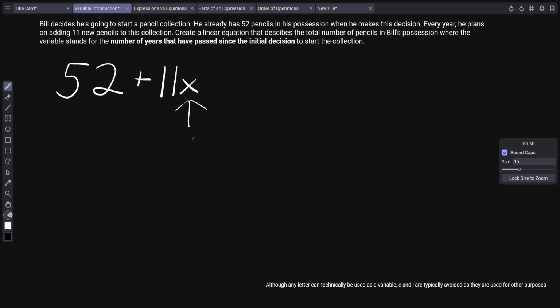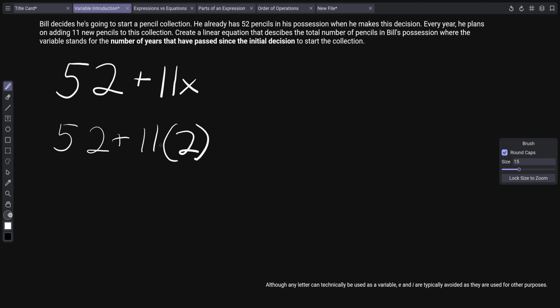Because say if we wanted to indicate what he had when 1 year passed, well, we would take our expression, we take 52, we'd add 11, and then, say if we want to see what he had after 2 years, we drop a 2 here where the x was.